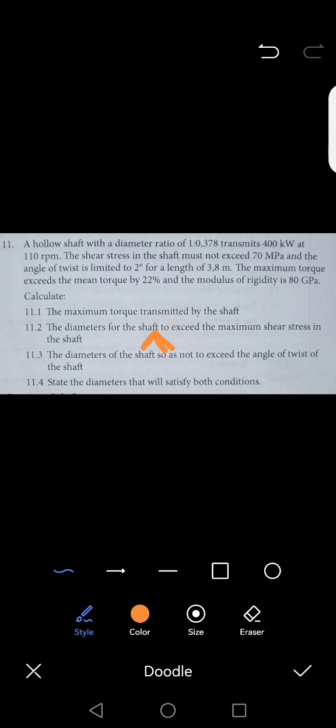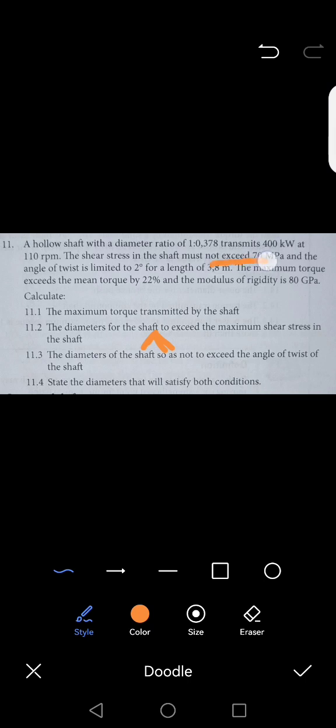So we want the diameter of the shaft, or the size of the shaft, that is going to result in the shear stress in that shaft not being more than 70 MPa. So the shear stress limit is given there.